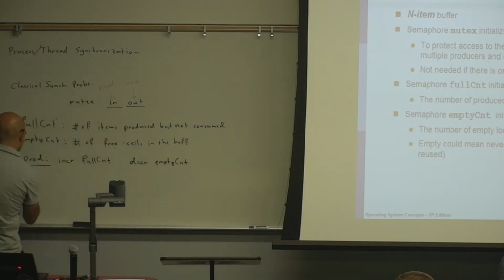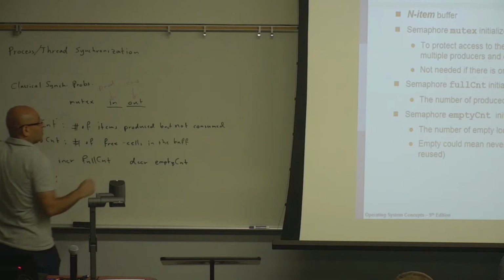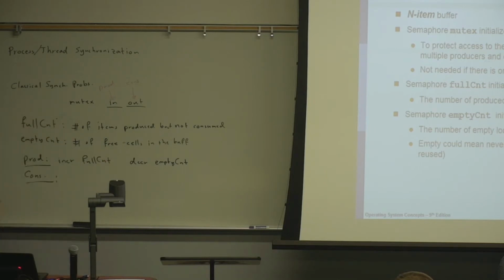While the consumer, what does the consumer do to full count? What does it do to the number of items that have been produced but have not been consumed? It will be consuming an item, so it will be decrementing the full count.